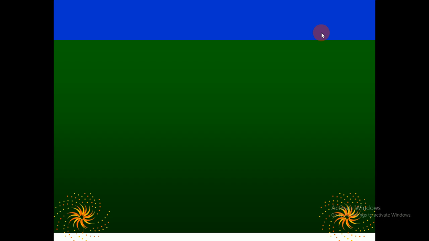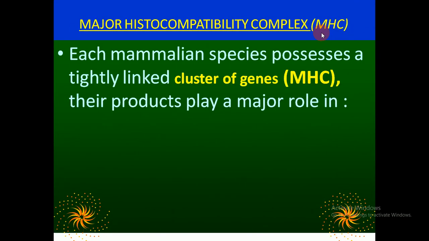Now we have the term major histocompatibility complex, MHC. What is the MHC? Each mammalian species possesses a tightly linked cluster of genes called the major histocompatibility complex, M for major, H for histocompatibility, and C for complex.